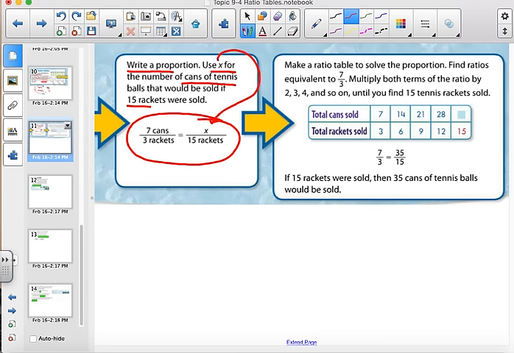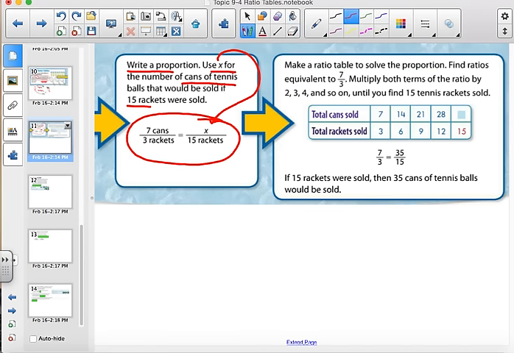Then we want to make a table. We create what is known as a ratio table to solve the proportion, and we will find ratios that are equivalent to our startup ratio of 7 to 3.